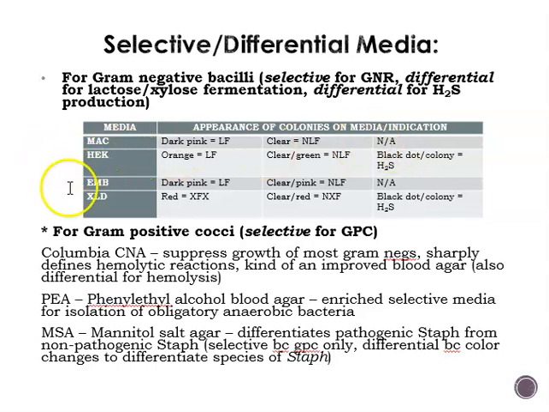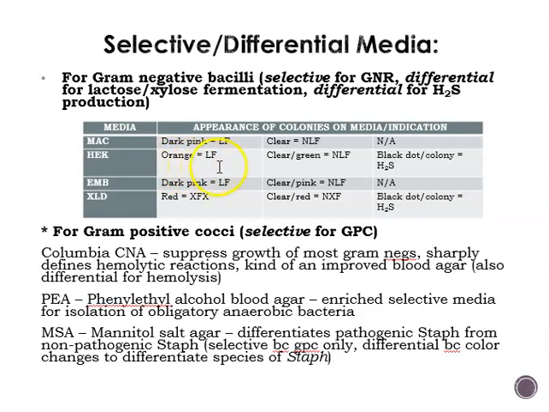However, Hektoen and XLD are media that are used for recovery of Salmonella and Shigella. So again, they are selective for gram-negative rods. Hektoen plates will show lactose fermenters, and the Hektoen plate starts out kind of a dark green color.